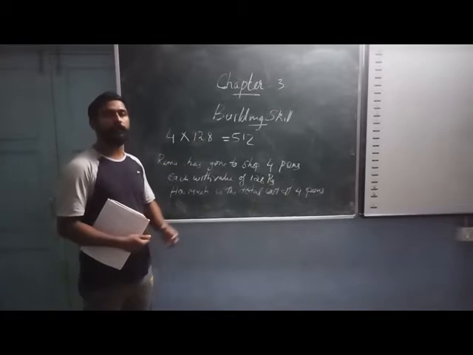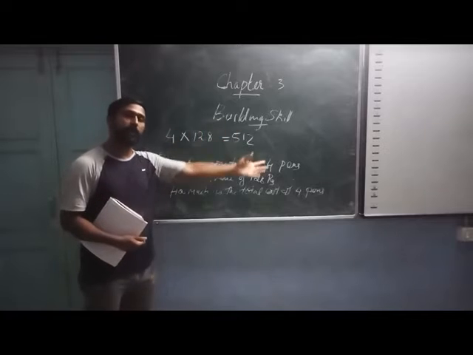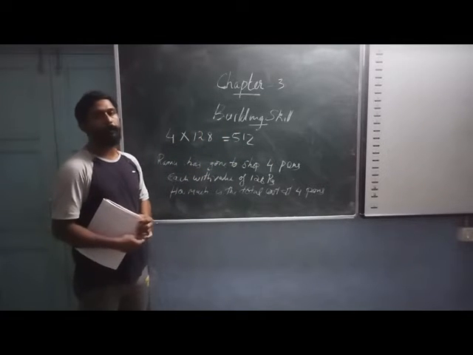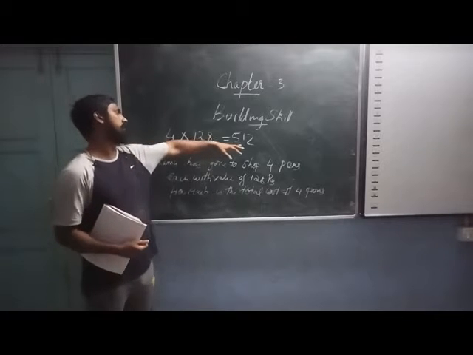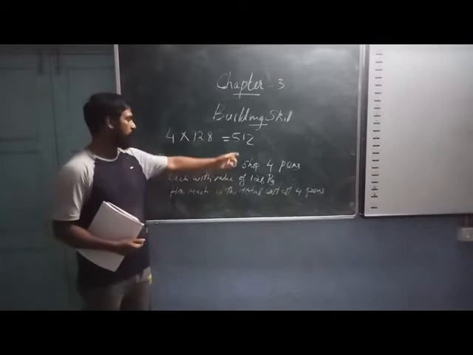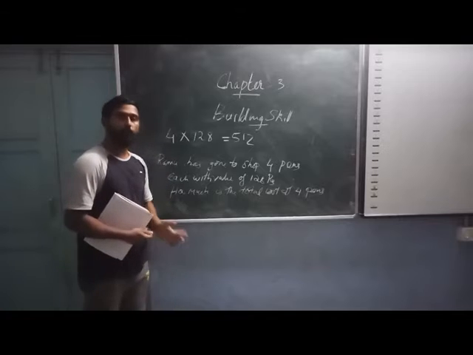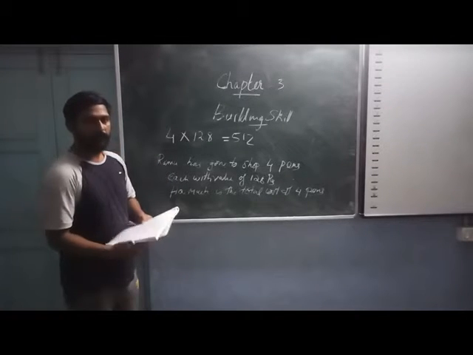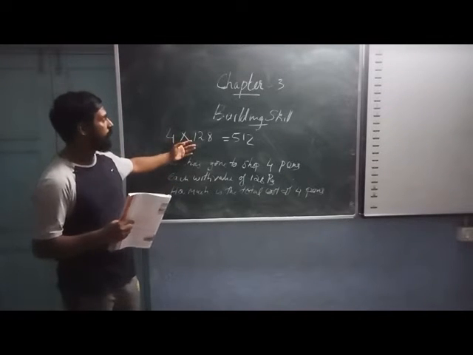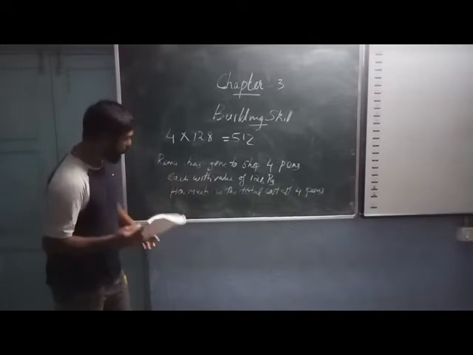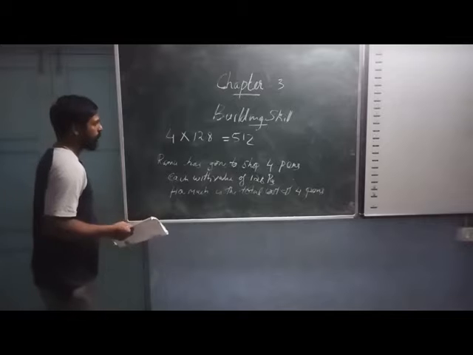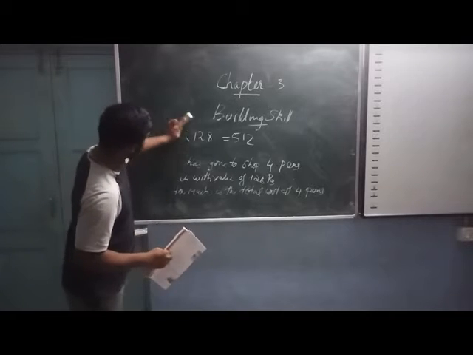Now what we have to find out is how much is the total amount she has to pay to the shopkeeper. So 4 into 128 is equal to 512. This much rupees she has to pay. Did you understand? This is the case of multiplication.